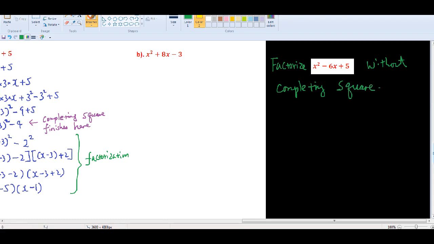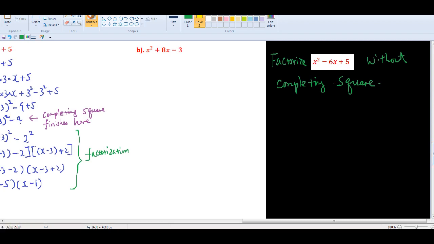So let's think about how we could do it without completing square. If you are not using completing square, you are going to use decomposition, right? That means we try to separate that middle term, minus 6, into 2 terms. Still remember how to do it?